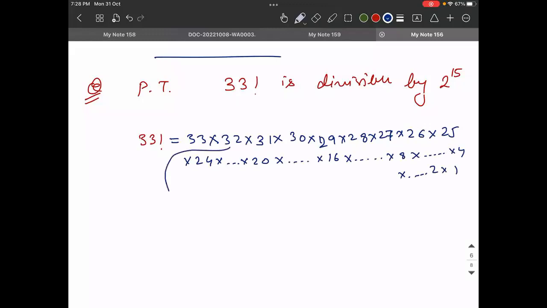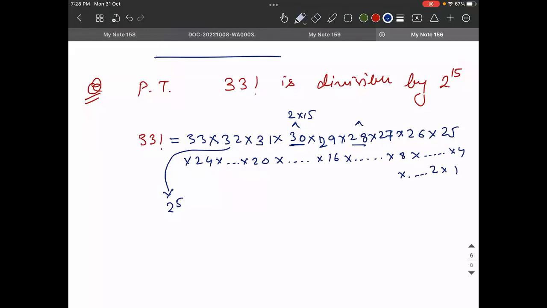Okay, so 32 is what? You can write 2 to the power of 5. 30 is what? 2 into 15. Because we need to find what is divisible by 2 to the power of 15, right?